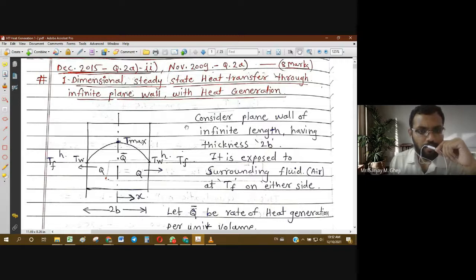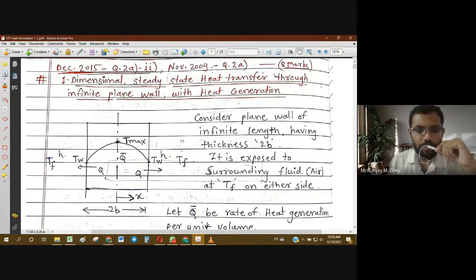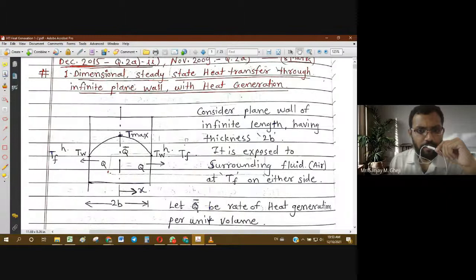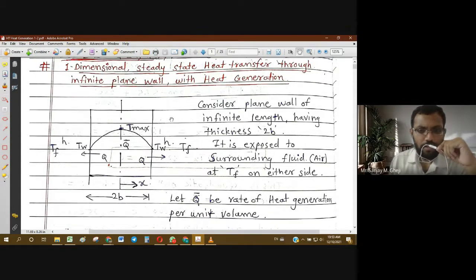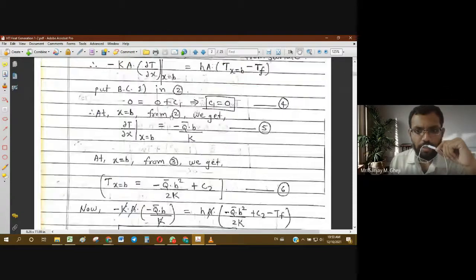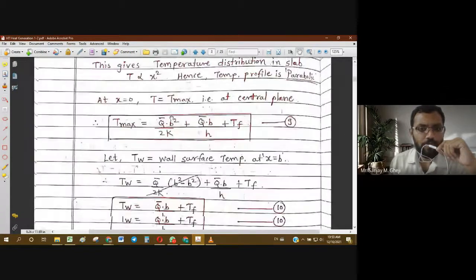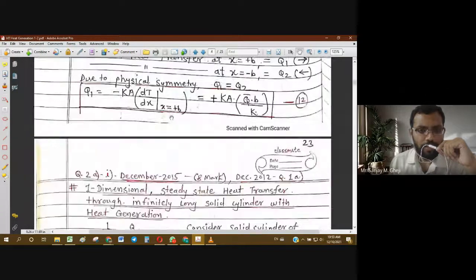So these cases were standard and simple ones. Three such cases we have covered so far. First one was one-dimensional steady-state heat transfer through a plane wall with internal heat generation. Second case was one-dimensional steady-state heat transfer through a solid cylinder with internal heat generation.